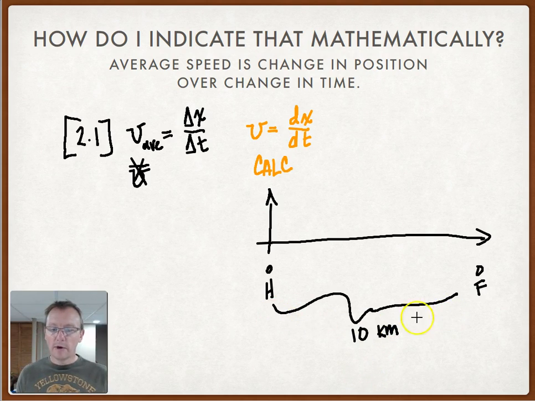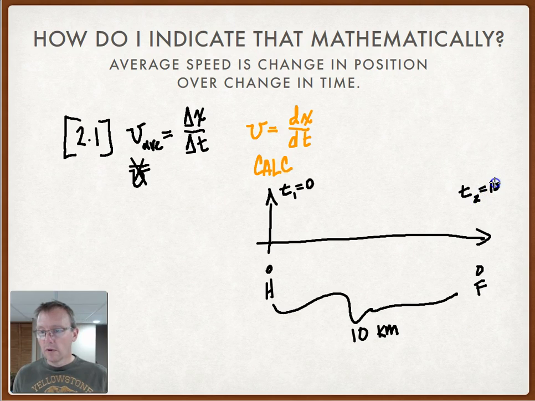So we use 10 kilometers, and then it takes us, let's say, 1,000 seconds to get there. So the time is going to be, we start off here with 0 time, so t sub 1 equals 0, and then t sub 2 equals 1,000 seconds.